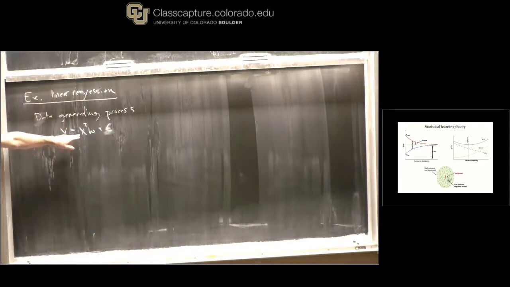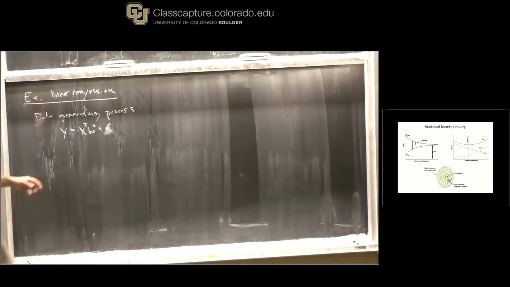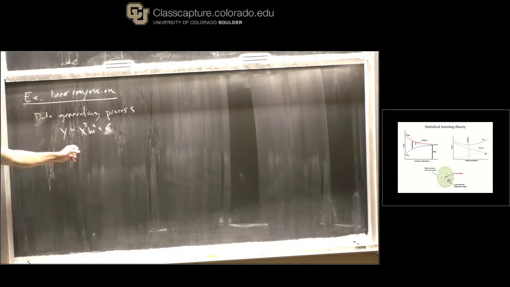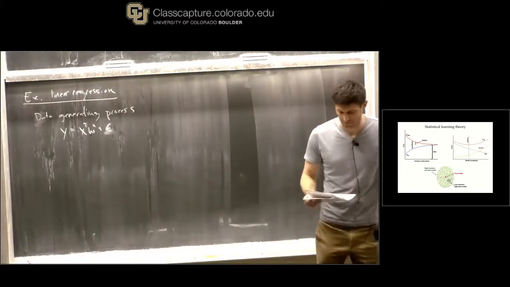We have some inputs x. There's some, I'll call these w stars. And we take the inner product of the dimensions of a sample x with w, add some Gaussian noise like we did yesterday, and get a y value. And we have a data set of samples x, y from there.